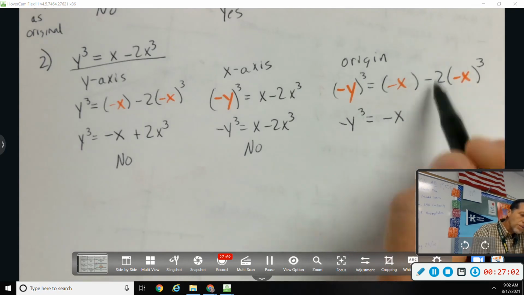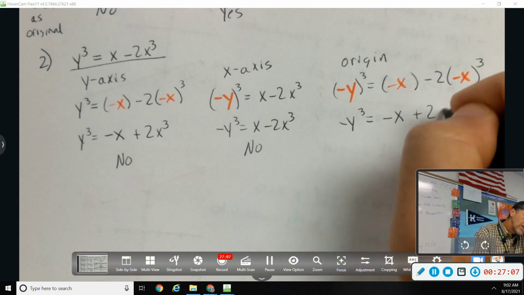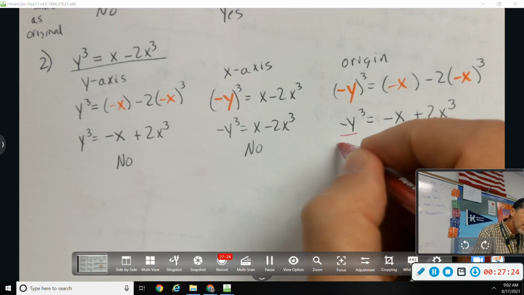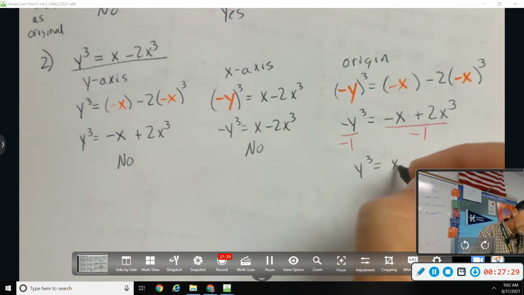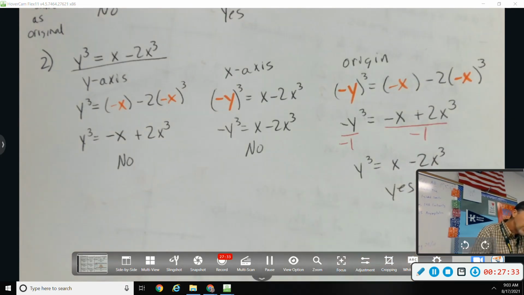We had this problem earlier: cube a negative, we get a negative, times negative is positive 2x cubed. Is that the same as the original? Yes. Why, yes. If I multiply or divide by negative 1, it is the same as the original. It's like, what magic is going on here? So it turns out that it does have symmetry with the origin.